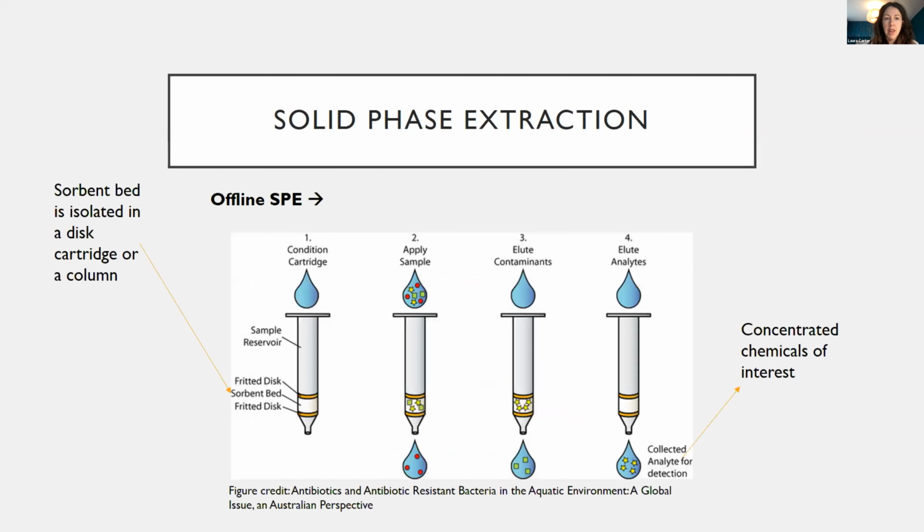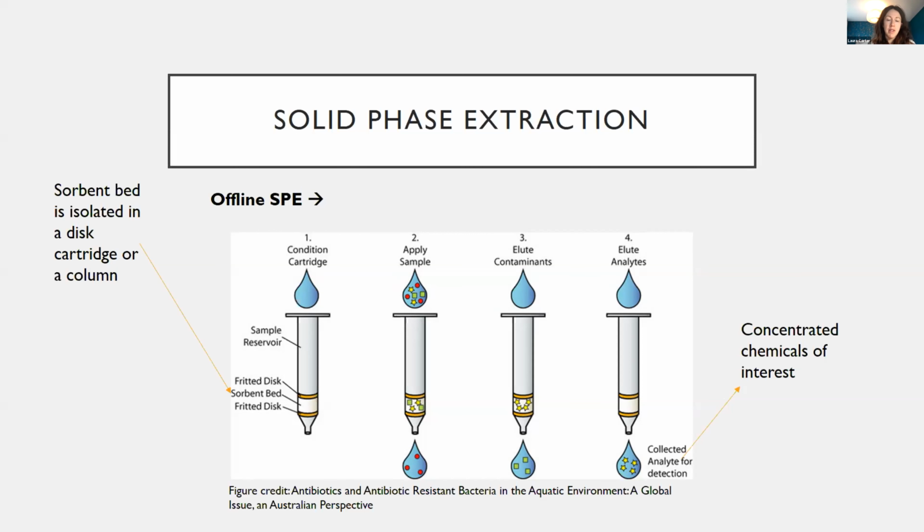So just now what I'm going to do is go into a little bit more detail about solid phase extraction itself. SPE is a form of liquid chromatography, and it's widely used for organic analysis of agrochemicals, pharmaceuticals, and other contaminants. The basic principle of SPE is that your compounds of interest partition between two phases, solid and liquid.